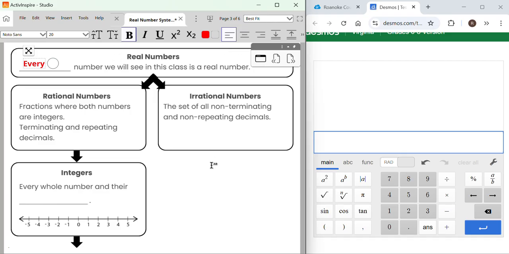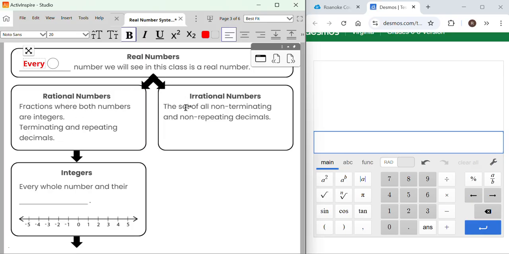As a matter of fact, every number that you've worked with up to this point in school is a real number. Rational numbers, like we said, are fractions where both numbers are integers and they are terminating and repeating decimals.